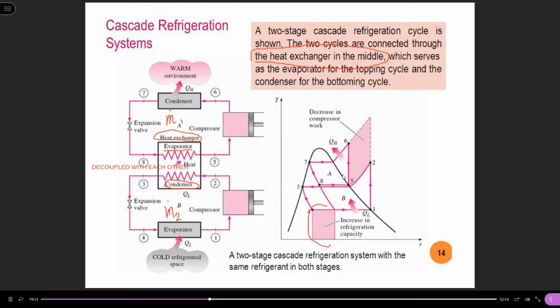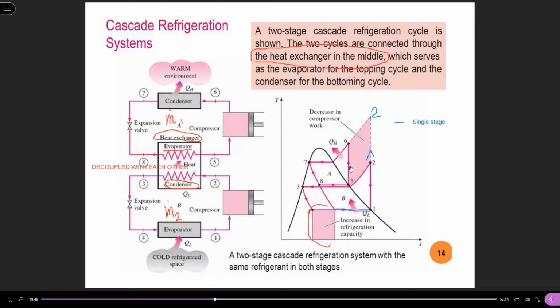if we follow the single stage, the blue color is for the single stage. Compare with the single stage, let's draw it.